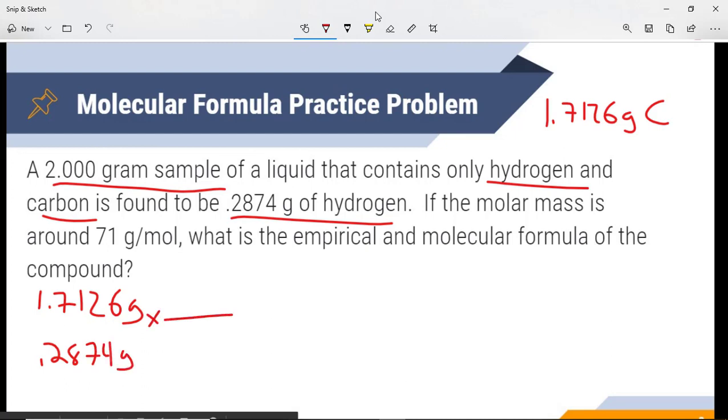And we're going to, again, convert both of these to moles using the molar masses.